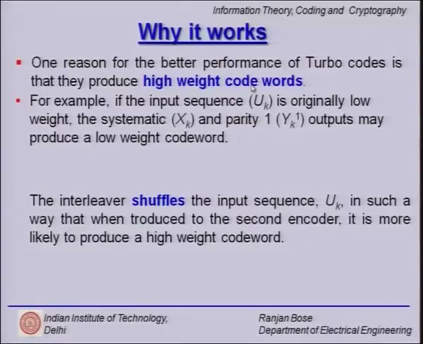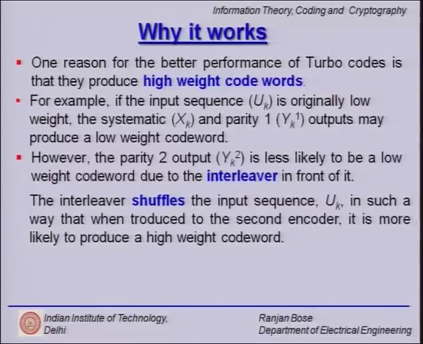It does not mean that all sequences have poor weight characteristics. Some of them are good in terms of the distance properties and hence have a higher weight, and some of them are poorer. What the turbo code does is it mixes and matches to ensure that you do not end up with a poor weight all the time.